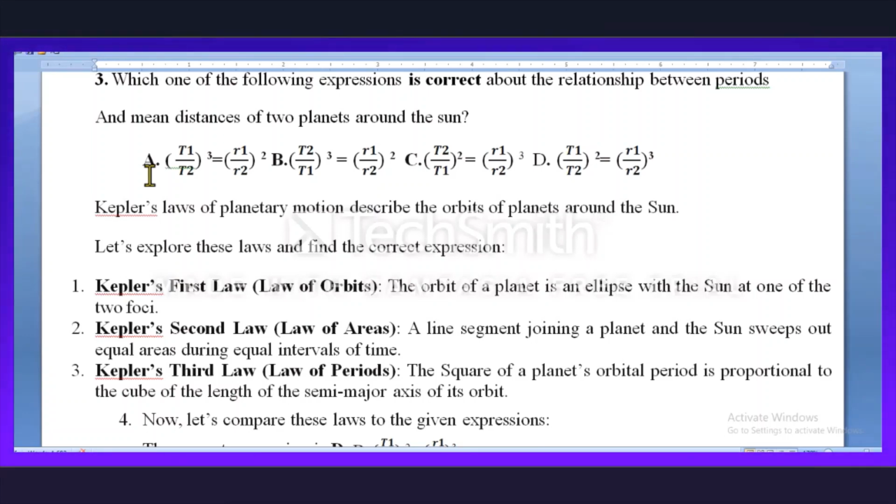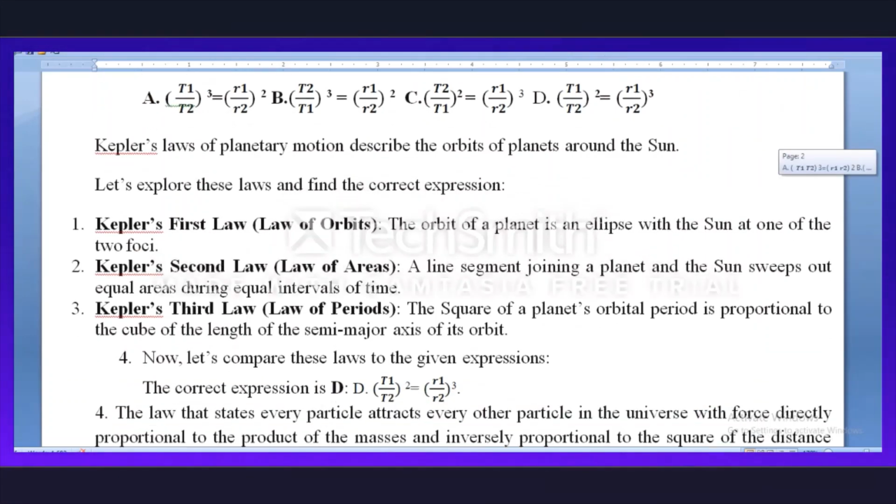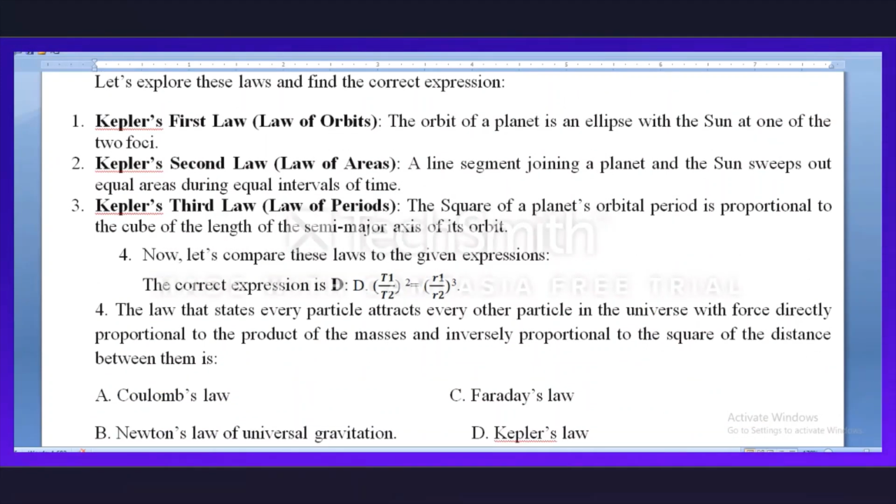Kepler's laws of planetary motion describe the orbits of planets around the sun. Let us explore these laws and find the correct expression. Kepler's first law, or law of orbits, says that the orbit of a planet is an ellipse with the sun at one of the two foci.